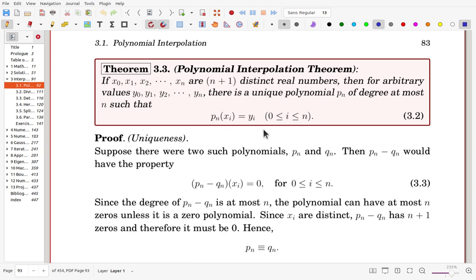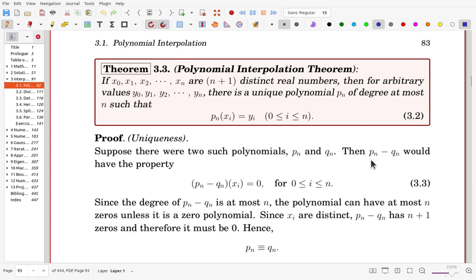If you start with n plus 1 distinct points, then for arbitrary height for each point, this y0 to yn will be the function value at the points, and for arbitrary heights, we can find the unique polynomial Pn such that the polynomial will pass every point. The uniqueness is quite simple.